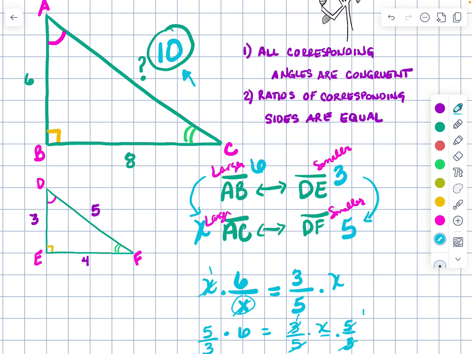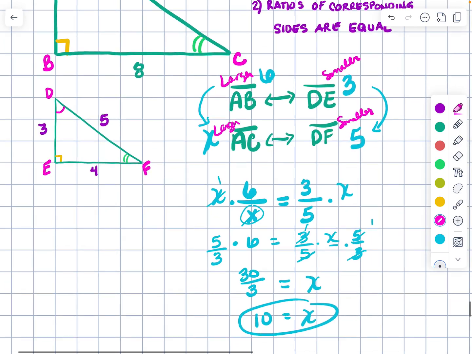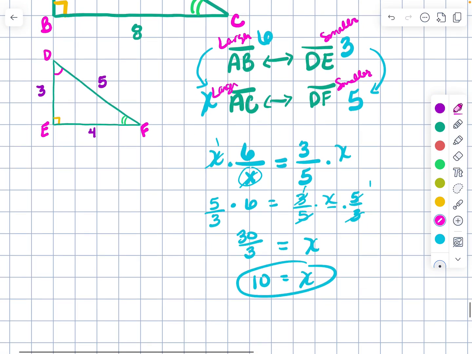Now I want to show you, you can set this up multiple different ways. And I just want to show you that there are other options. Like if you don't want the x in the denominator when you're starting, then we can set it up the opposite way. So I'm going to go this to this and this to this. So we're going to go x is to 6 as 5 is to 3.